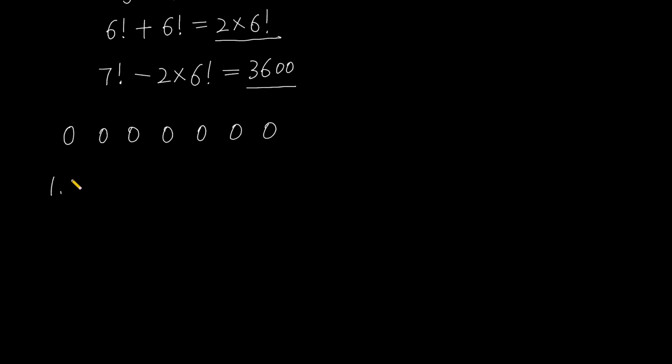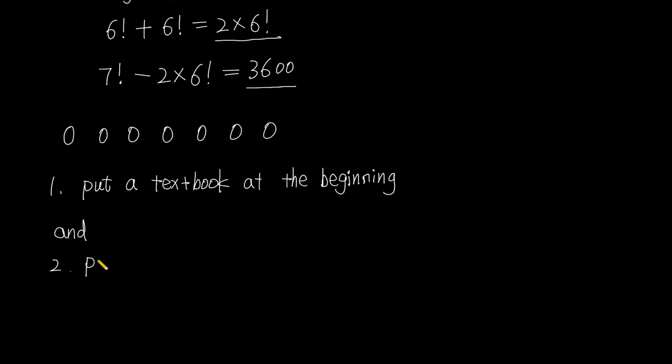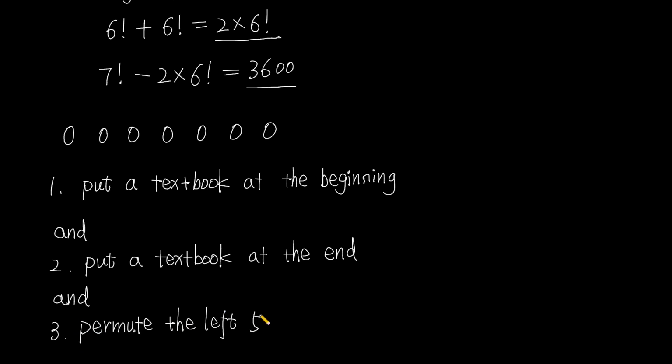So step 1, we put a textbook at the beginning, and step 2, we put a textbook at the end, and step 3, we permute the left 5 books between beginning and end.